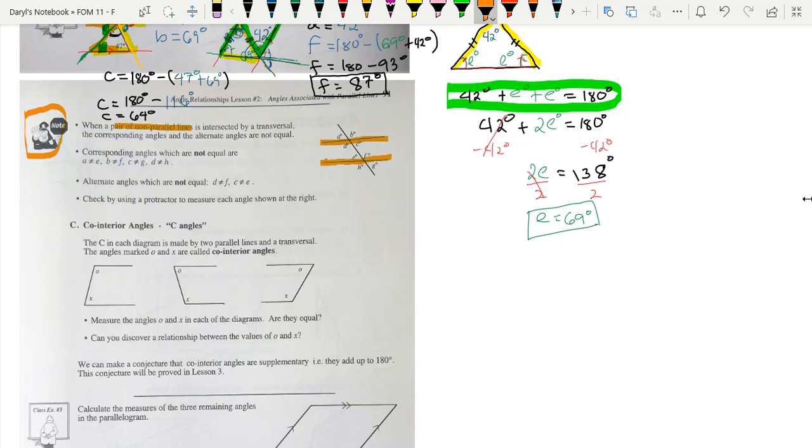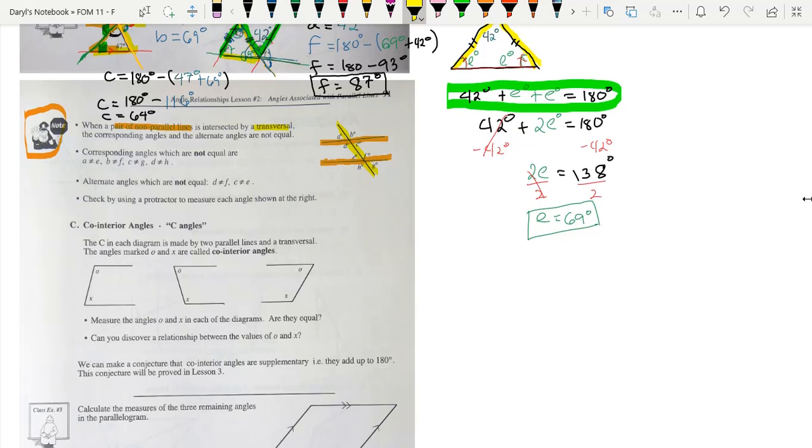However, if it is in a drawing, well, you cannot see the arrow symbol that indicates that these two lines are parallel. So if a pair of non-parallel lines is intersected by a transversal, again, in our case here, the transversal line, so still this is called a transversal line, because it is just a line that intersects these two lines here.